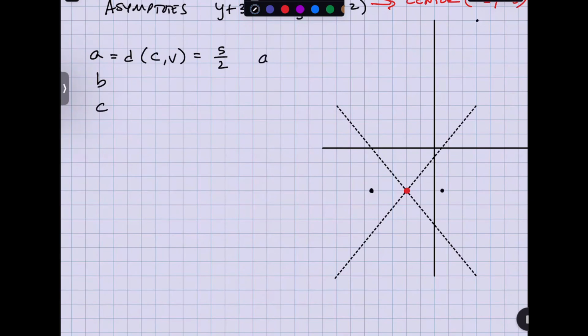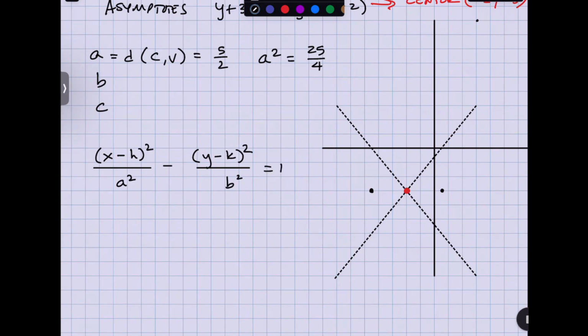So A squared is equal to what? 25 over 4. Okay. So the equation for a hyperbola is what? And since this is going left and right, so that means I have, is that right? Okay.